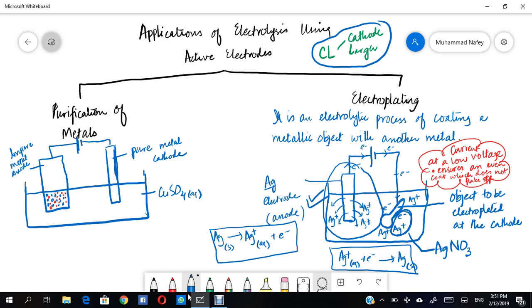That is, they'll form ions. But the thing that happens here is that we have copper atoms interspersed between impurities. So when they do form ions and they want to move into the solution, they'll have to push their way out from the impurities and then move into the solution.